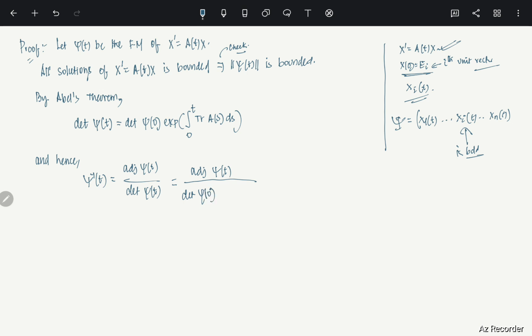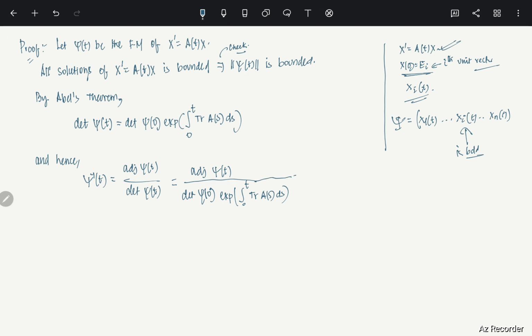Why can we write it like this? Phi is a fundamental matrix, so it is invertible, and the determinant of phi(0) is never going to be 0. It is non-zero, and an exponential is always positive. So essentially this is not a problem.